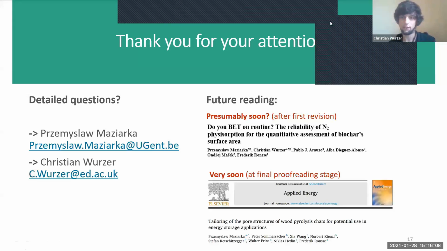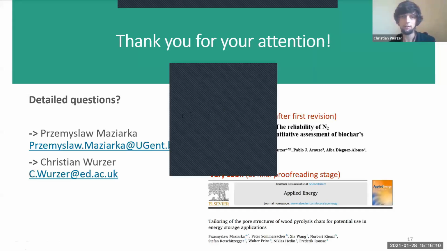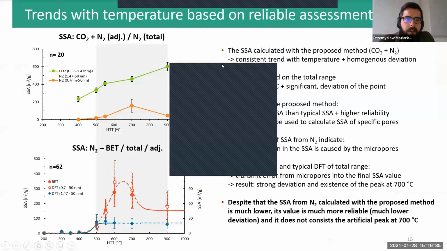The first is, are you aware of Sigmund et al.'s paper about the degassing influence on biochar surfaces? Yes, I am fully aware of this. We also contacted Mr. Sigmund, and we have his data. He allowed us to use his data from his measurements, and it's included in all these summaries that we used.